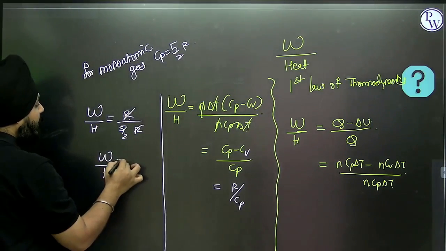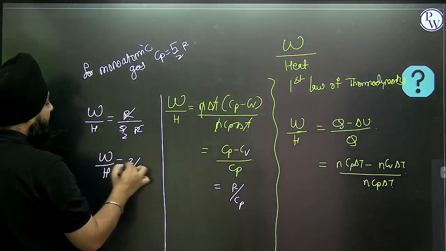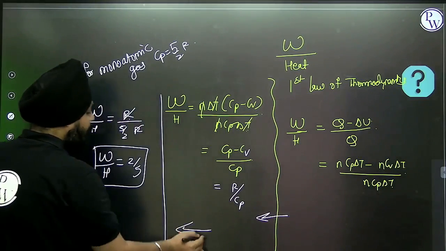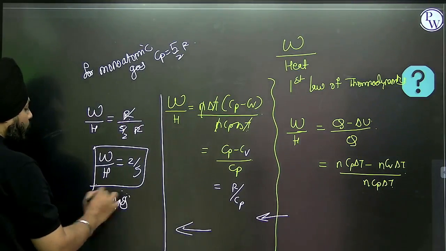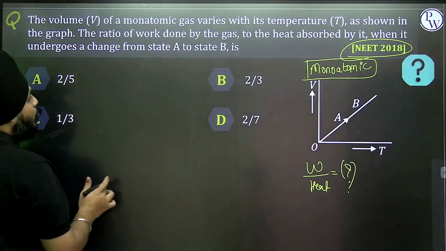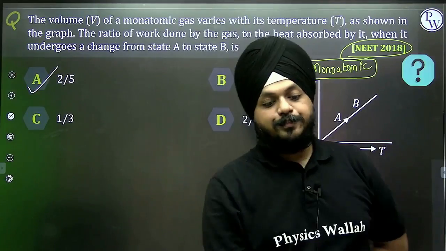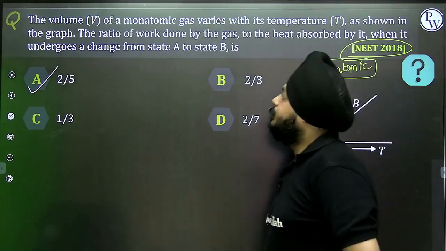Work done by heat is equal to 2 by 5. And that is the perfect answer for this specific question, using the first law of thermodynamics in a graph based question. 2 by 5, option A, is the perfect answer. Next part.